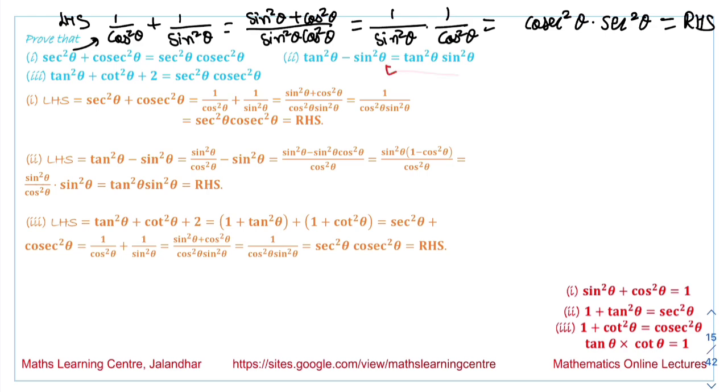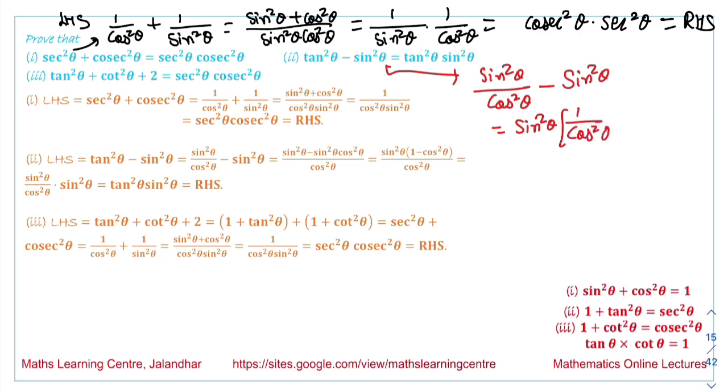In the second part, it is tan square theta minus sin square theta. So we can write it as sin square theta over cos square theta minus sin square theta. If we take sin square theta common, we are left with 1 over cos square theta minus 1. This is sin square theta into (1 minus cos square theta) over cos square theta.